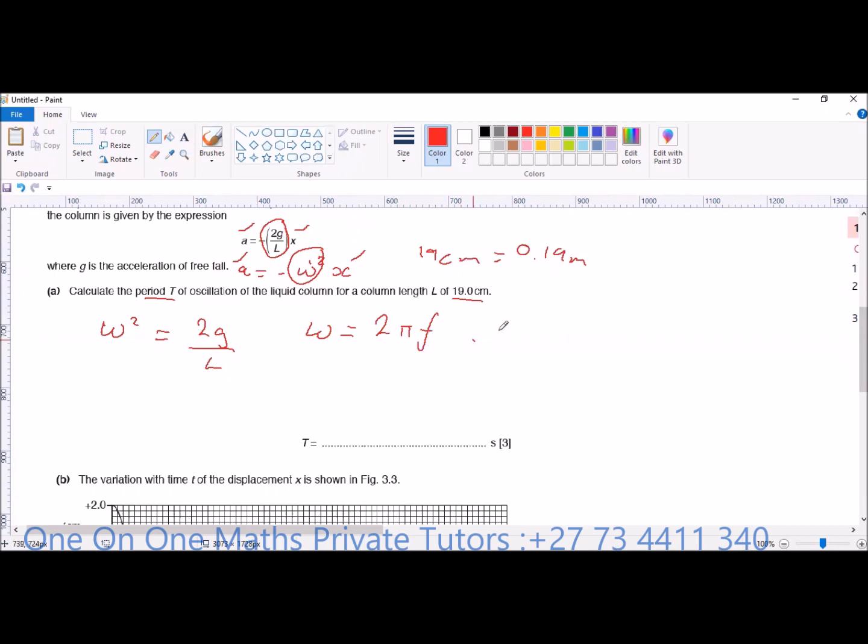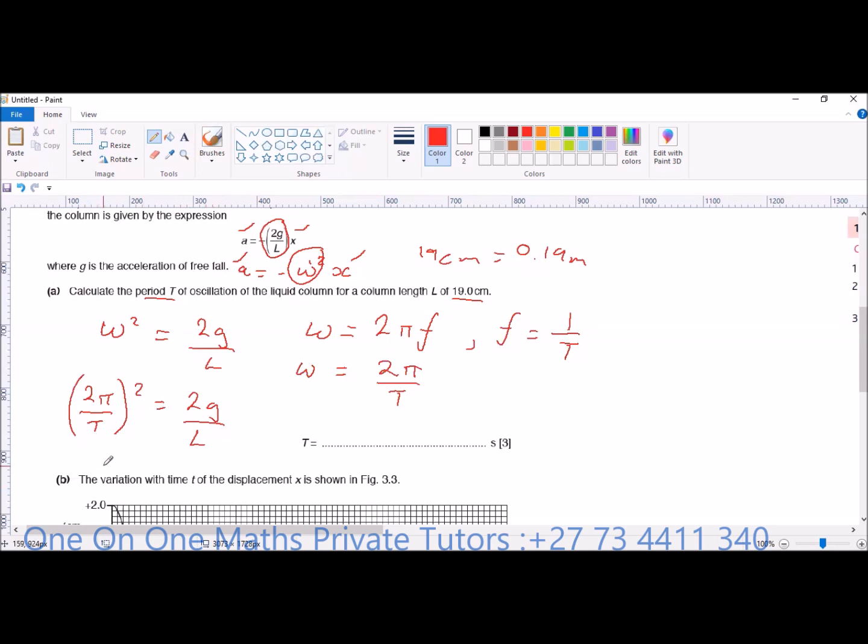And frequency is equal to 1 over T. So we can say omega is equal to 2 pi over T. Now we can substitute omega with 2 pi over T, so we have (2 pi over T) squared is equal to 2g over L.